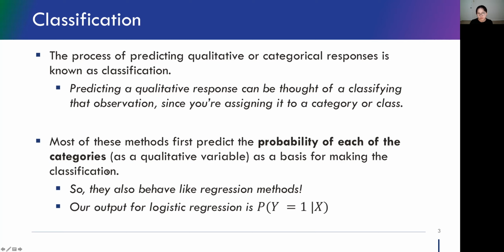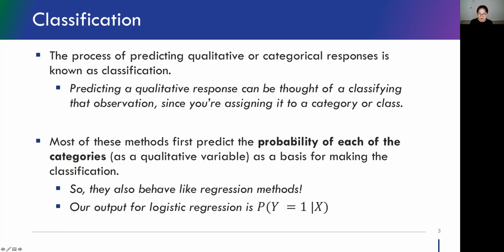Most of these methods will first predict the probability of each of the categories. The category itself is a qualitative variable, but the probability now becomes quantitative, right? And we use this probability to assign the classes, to make the classification.